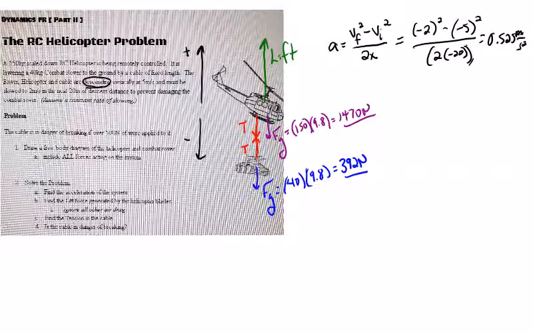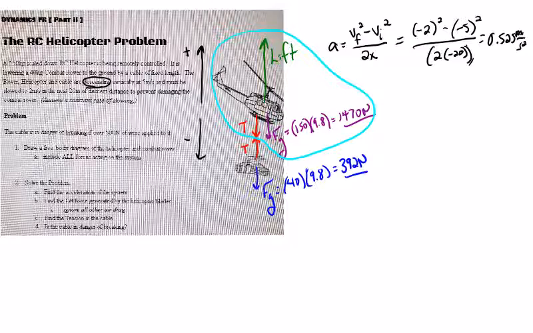I would actually do C before I would do B, because when I look at all the forces acting on my helicopter, I have a situation that is going to make it a little more difficult.